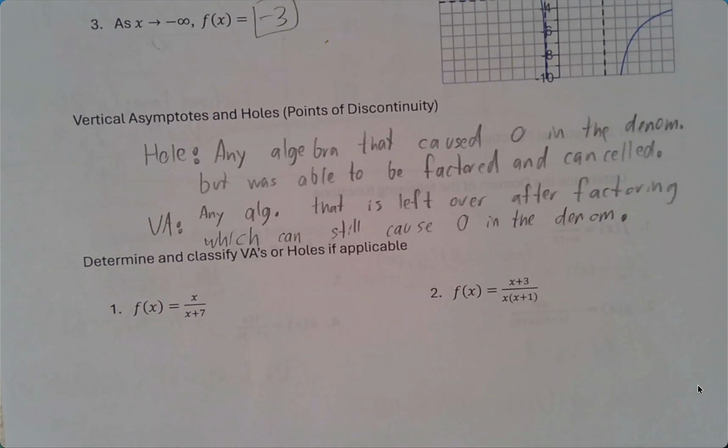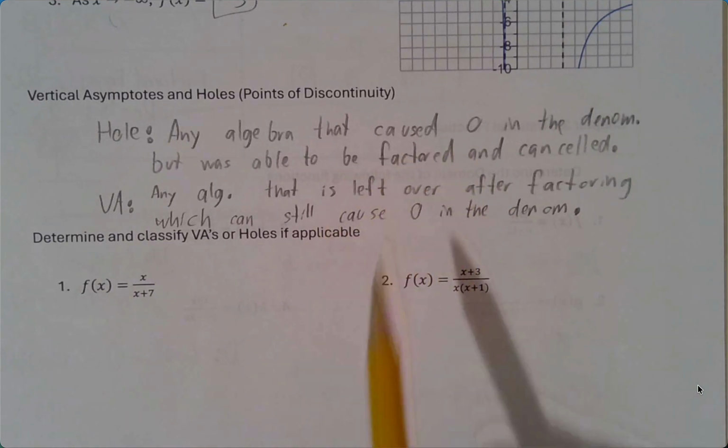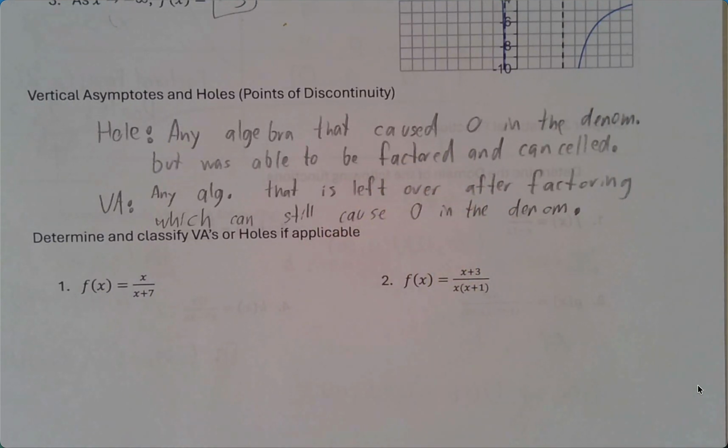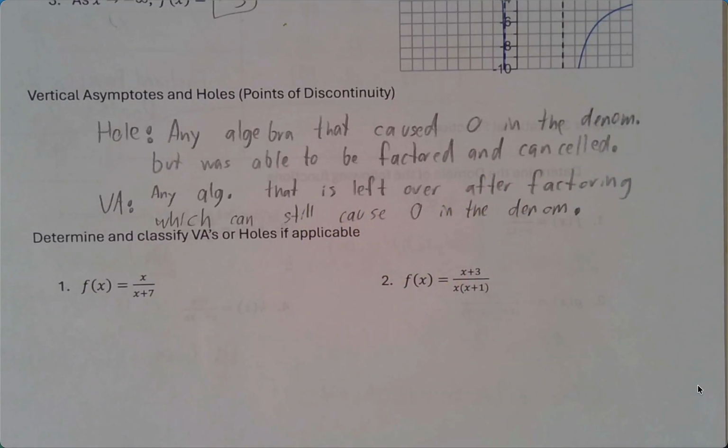All right, interesting. So evidently, here's the key thing. We're going to be factoring, and we're going to be careful to note which things we're able to cancel and which things are left over that are still in my denominator.